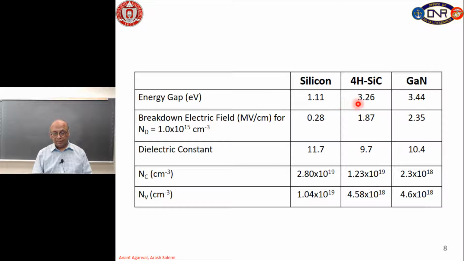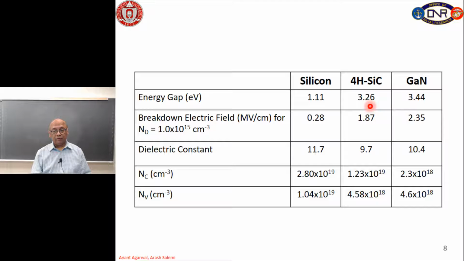Energy band gaps are increasing. There is a substantial difference between silicon and silicon carbide, 1.11 to 3.26, almost factor of 3, and then there is a small incremental difference between silicon carbide and gallium nitride.